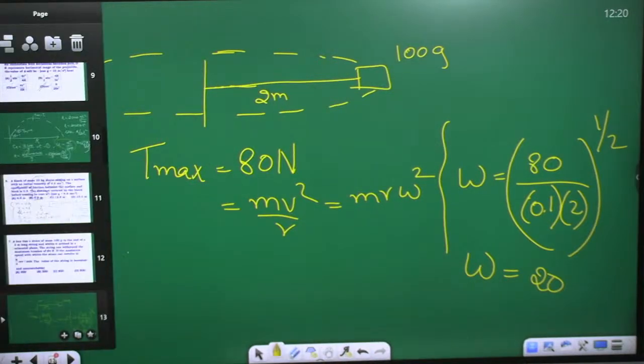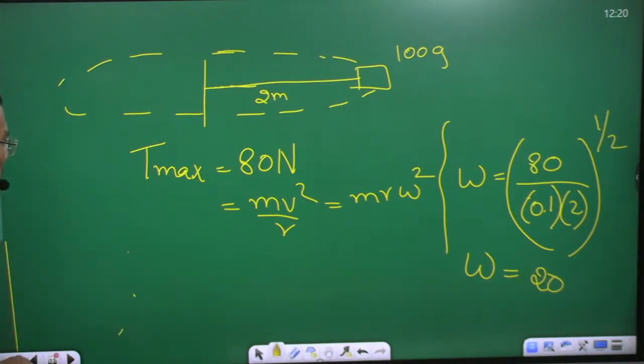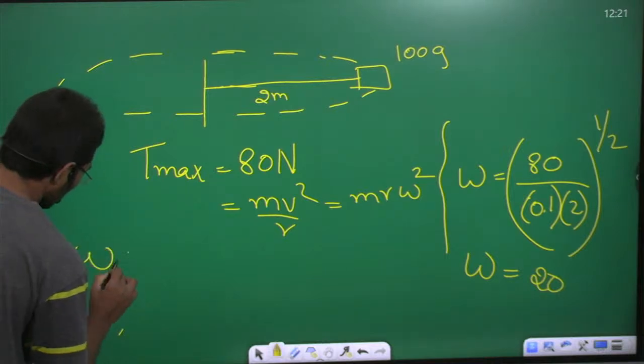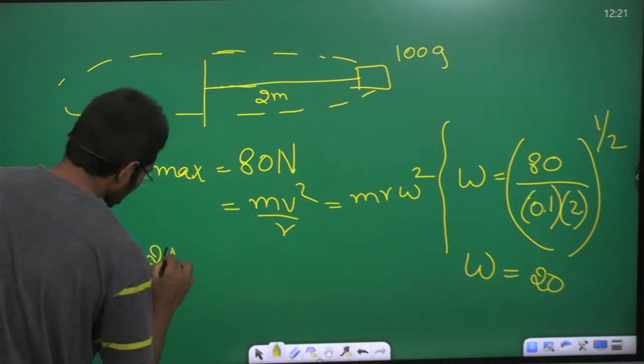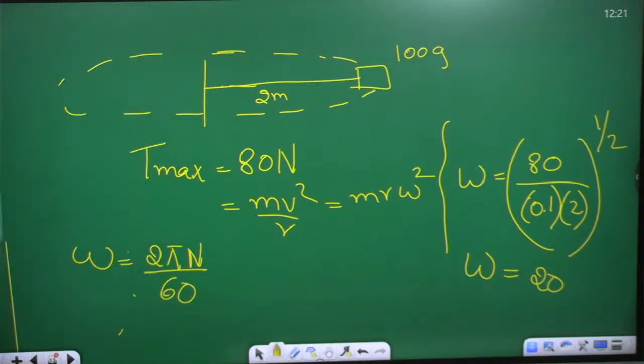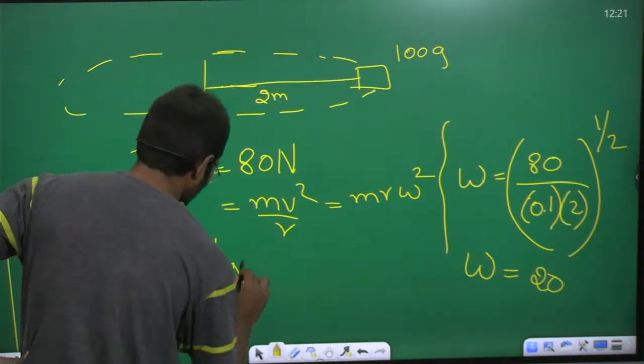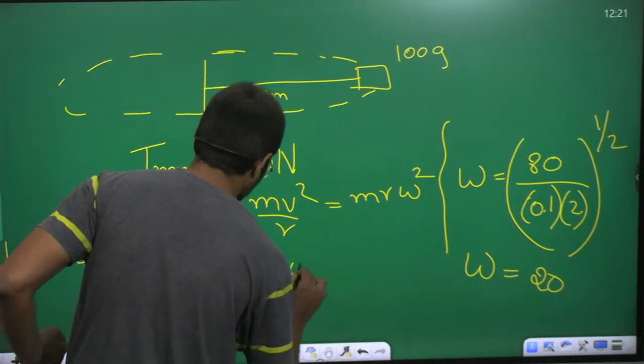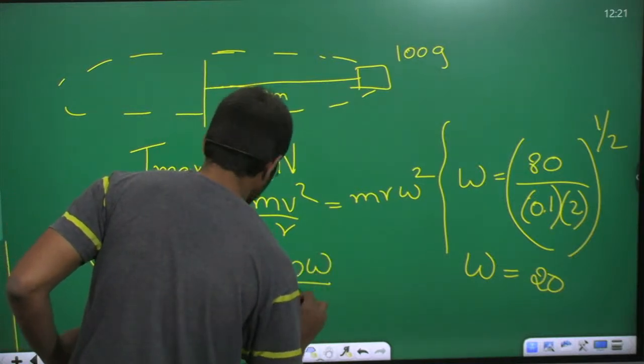The question is in revolutions per minute. Omega is equal to 2 pi n by 60, right? So he's asking in terms of revolutions per minute. So n is equal to 60 omega by 2 pi.